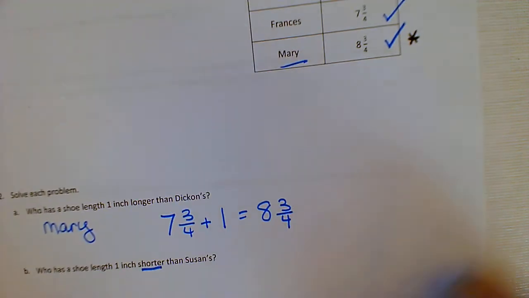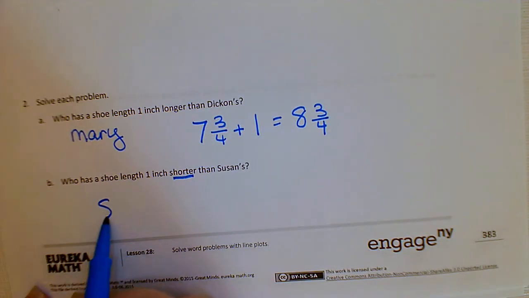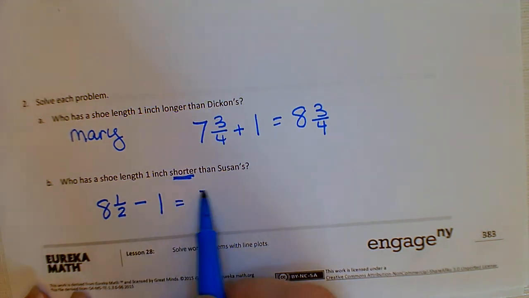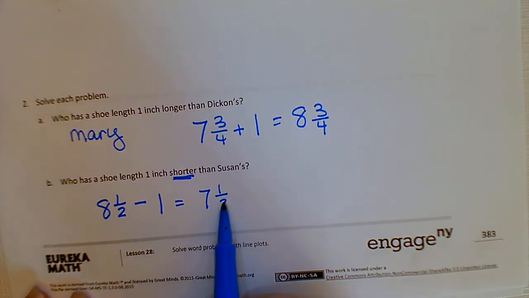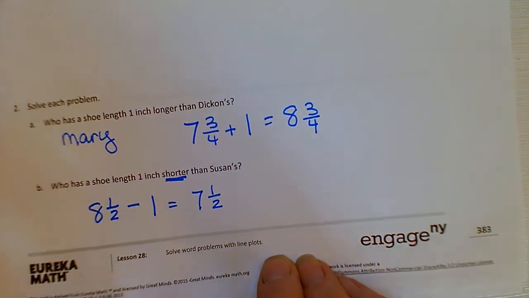So let's do the math first this time. So I'm going to have 8.5, which is Susan. And shorter means I'm going to go smaller, right? And we're going to subtract. So we're going to subtract 1 inch. And that's going to be 7.5.